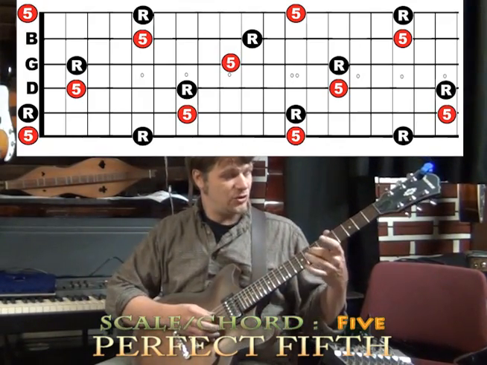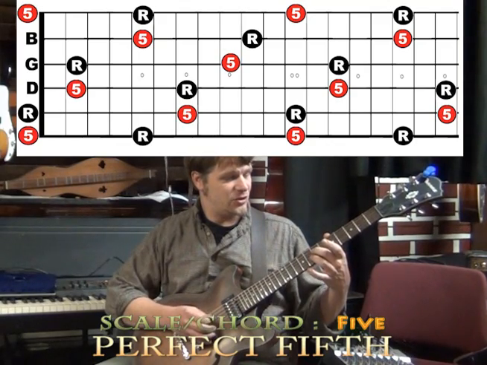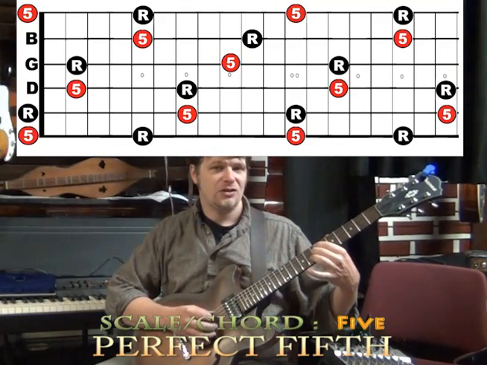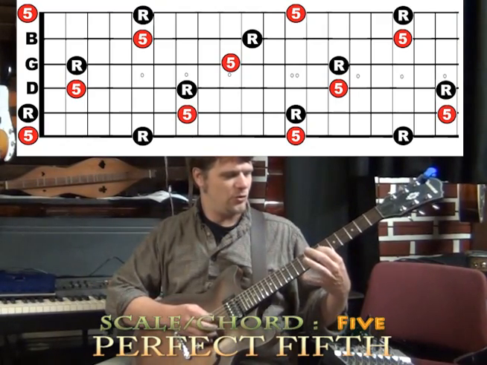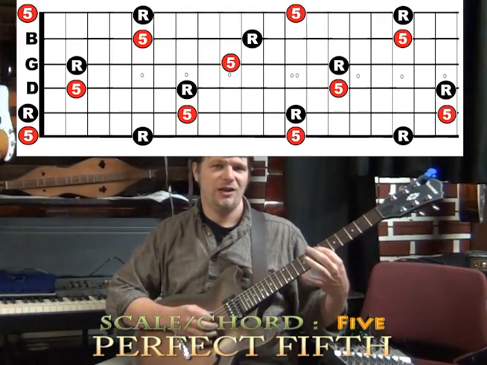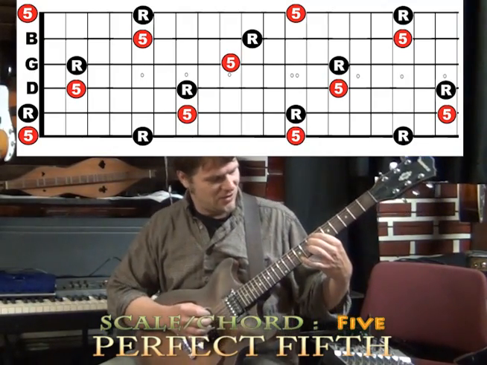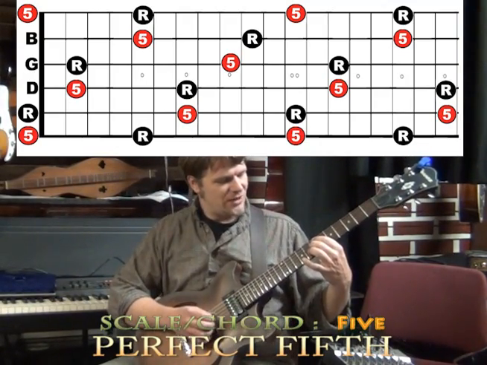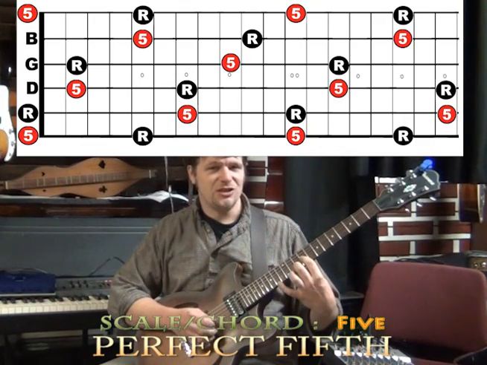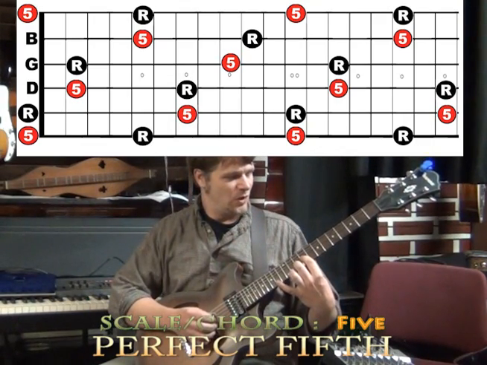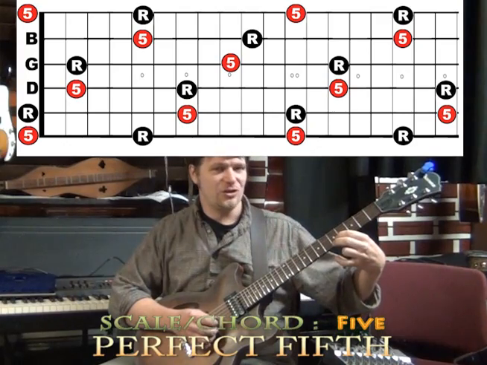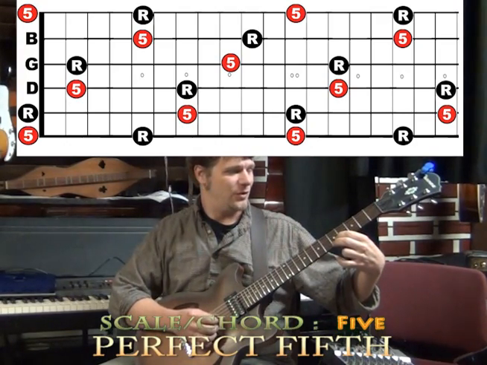Another 5th you could look at is the one below, where you've got the D string on the 7th fret to the A string on the 7th fret. So wherever note you're on, almost always right below it is a 5th shape too, root 5. That happens a lot in bass lines especially. So you can take that from the B string on the 10 to the G string on the 9, or you can take it on the high E and work it to the B string on the 5, so 5th on those.